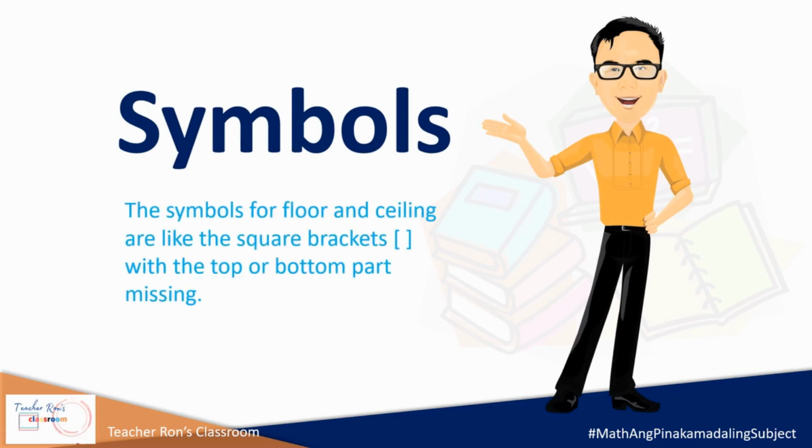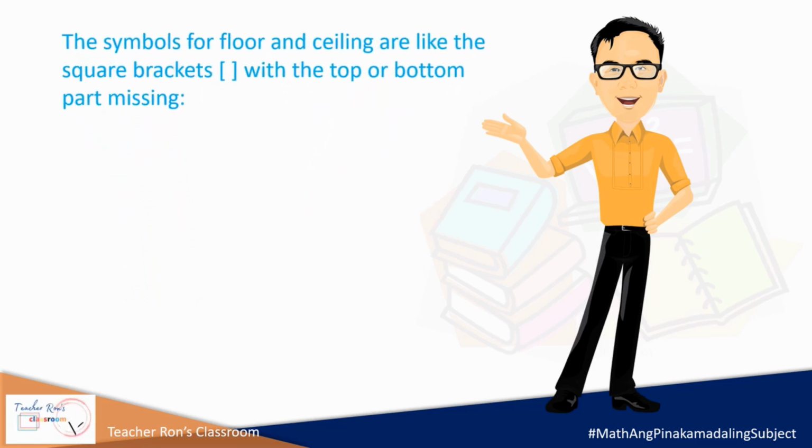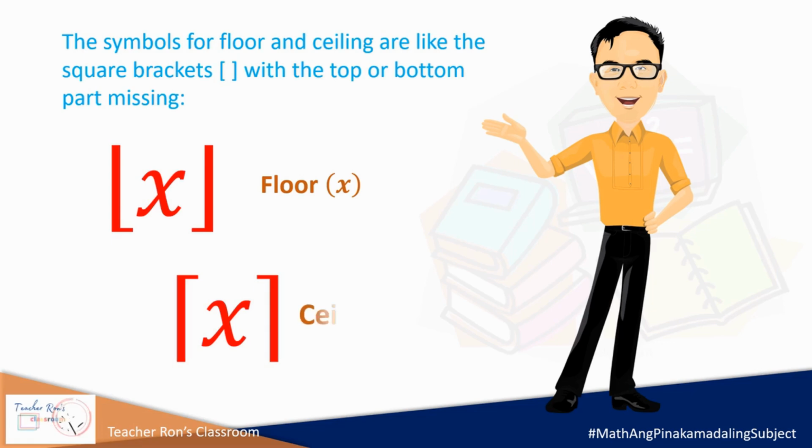The symbols for floor and ceiling are like the square brackets, with the top or bottom part missing. Ito ang symbol na ginagamit para sa floor of x. Ito naman ang symbol para sa ceiling of x.